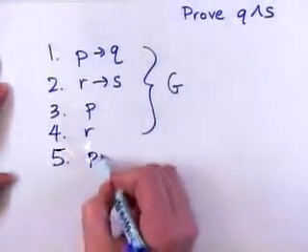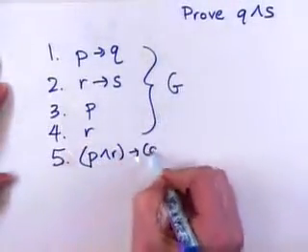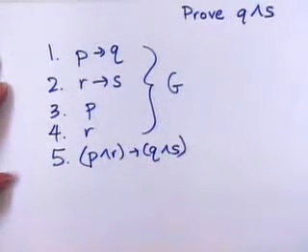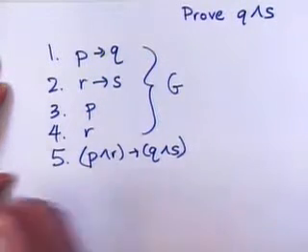I would say P and R implies Q and S, and then I have Q and S together. And then all I have to do is get P and R, and then I'll be done, because then I can use modus ponens.